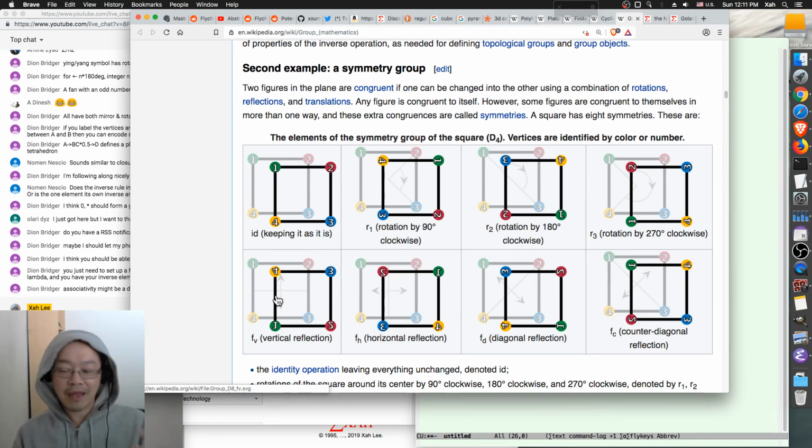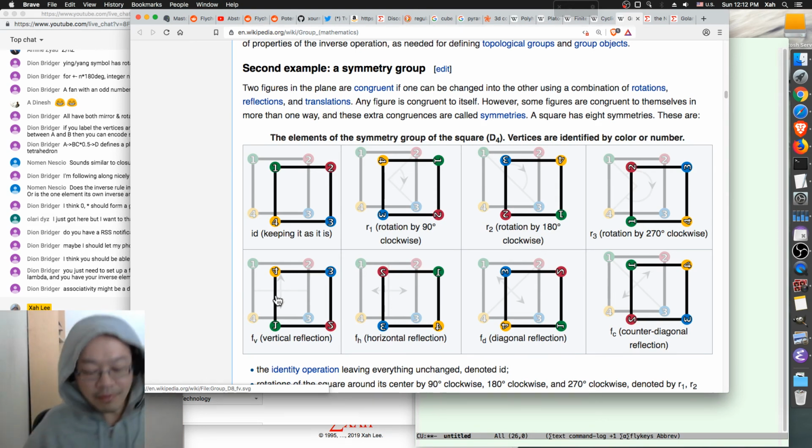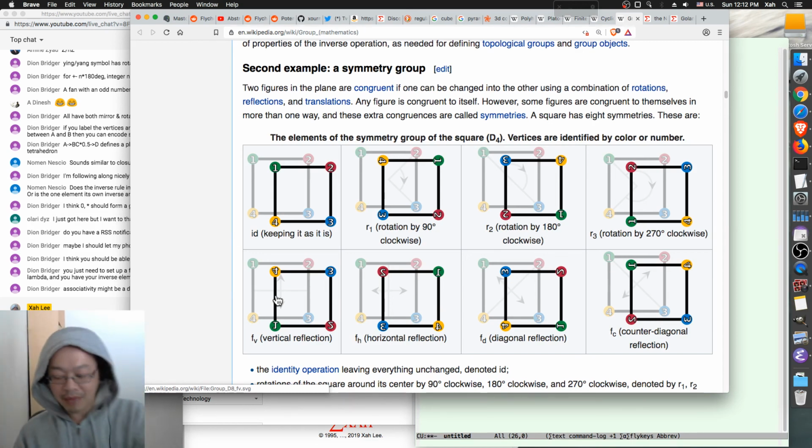If you are a math major, in the third year of university you'll take the first course on algebra. And in algebra, usually the first chapter or the first few chapters will be group theory. So it's so basic and fundamental. Every mathematician must know it.